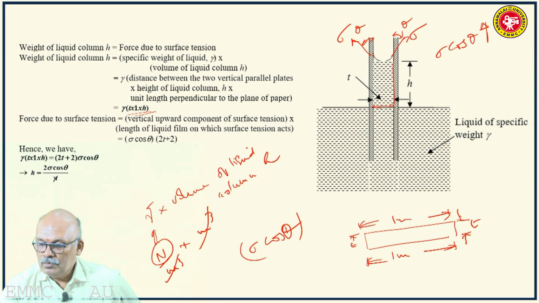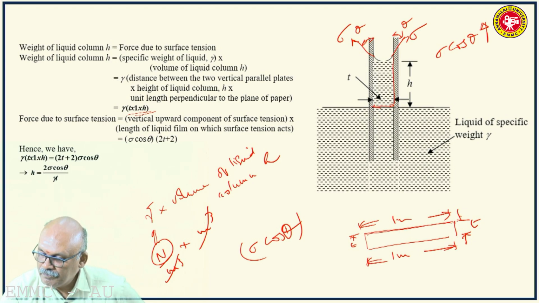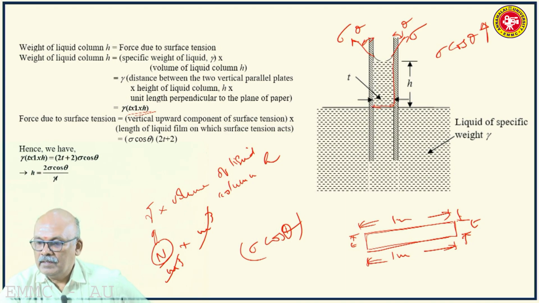So this is the perimeter of the liquid film on the top at the meniscus on which the surface tension acts.